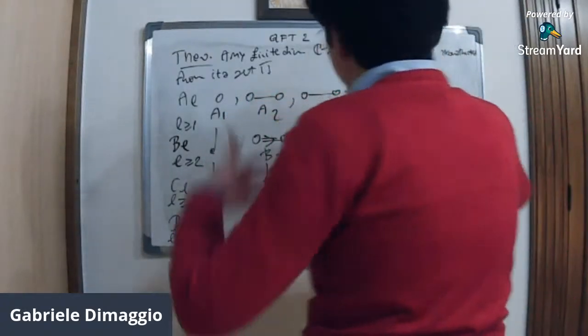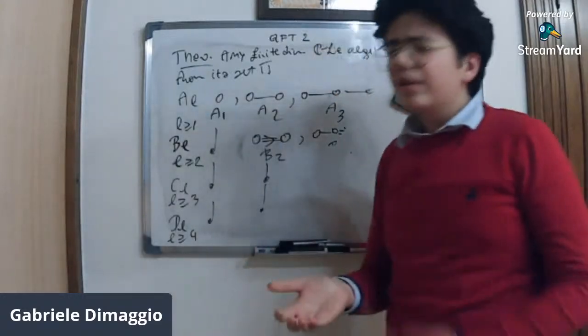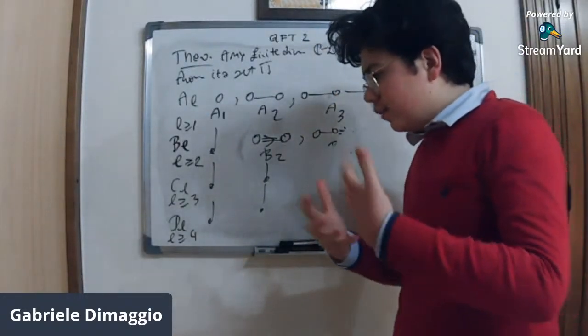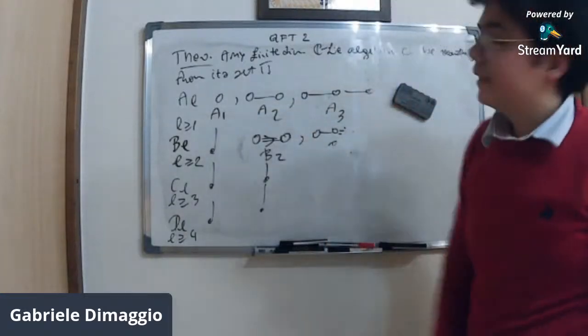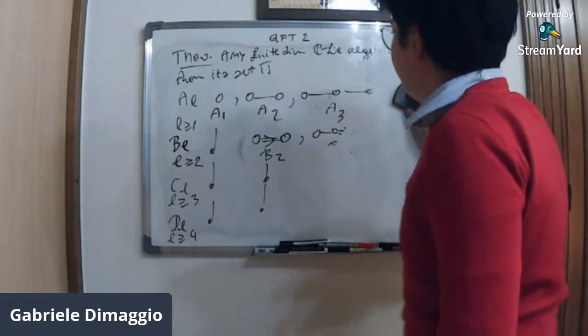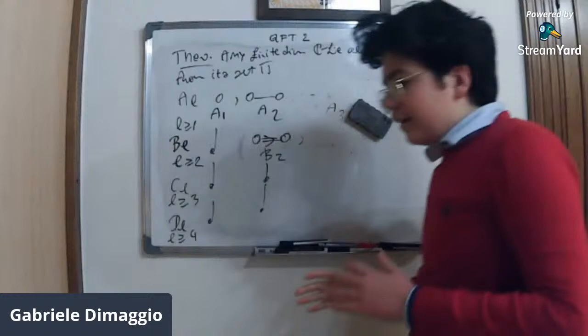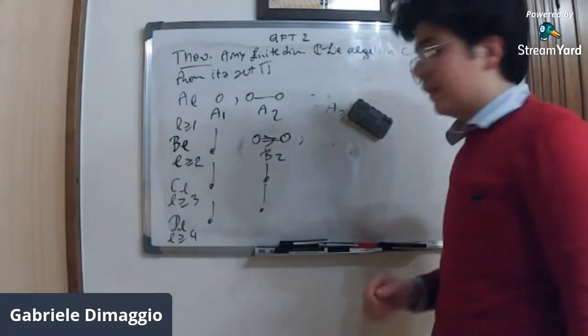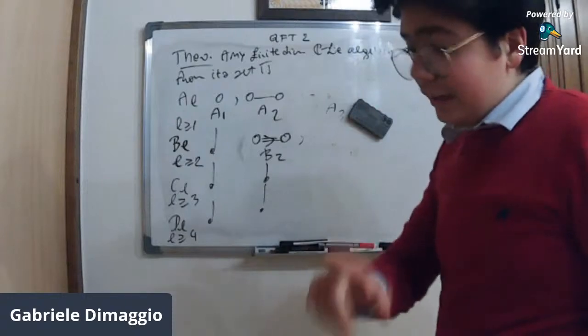This group is called the special linear group SL(2,C), and it has particular properties and is very important in physics.